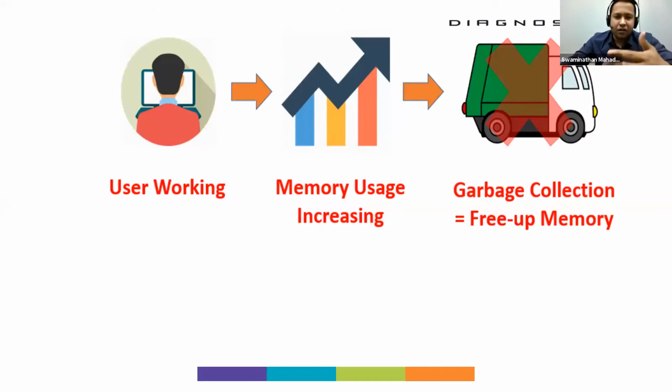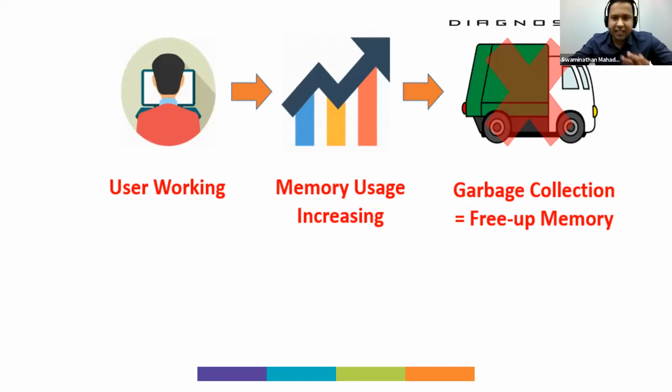So before I get into that, this is what happens inside Small World, especially Small World 5 with Java. As the user keeps on working on their system, the internal memory, which is used in order to run the applications and so on, keeps on increasing, and after it hits a particular threshold, Java triggers something called a garbage collection.